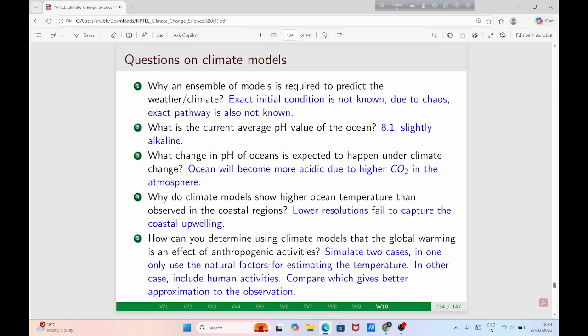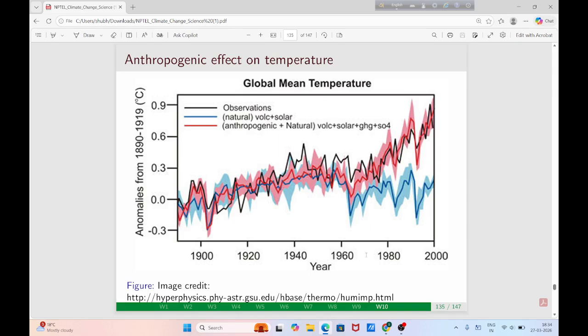So, very simple. If you are trying to prove that A happens due to B, then first do not include B and see what is the result of A. And secondly, you just include B and see what is the result of A. So if in the first case it doesn't affect A, you will be sure that this is an effect of B. So for example, here people have used two types of simulation.